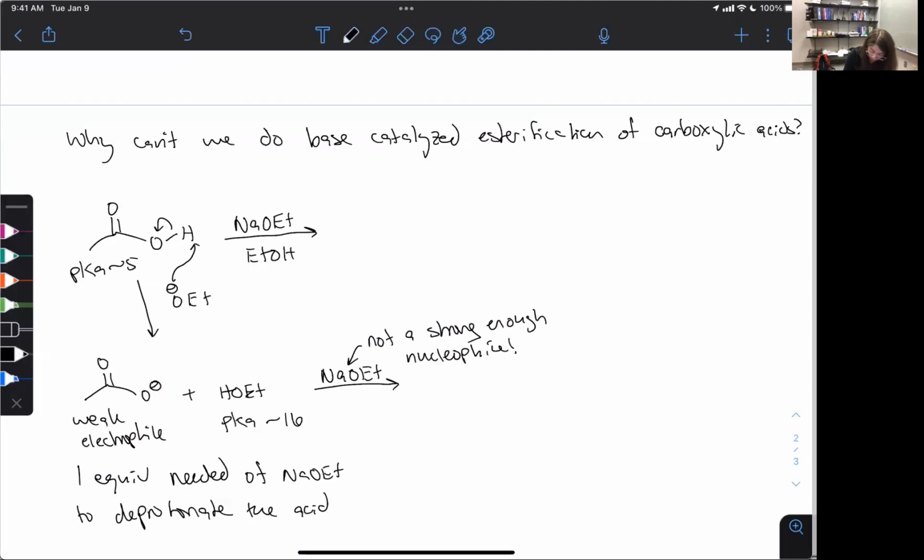So this is just going to be no reaction here, and you're going to end up with the carboxylate. We won't be able to attack that carboxylate anion. So this is just going to be an acid-base reaction and nothing else.